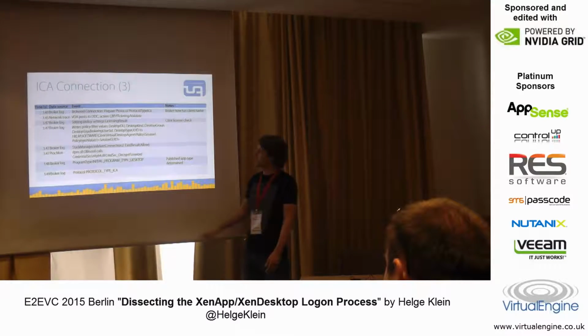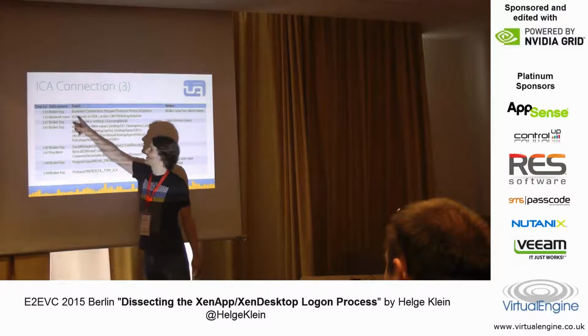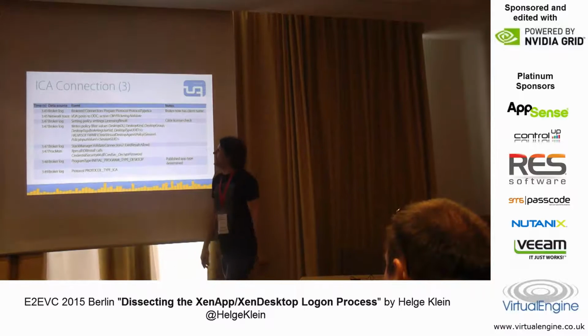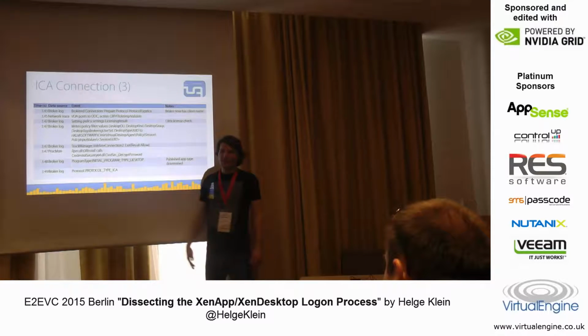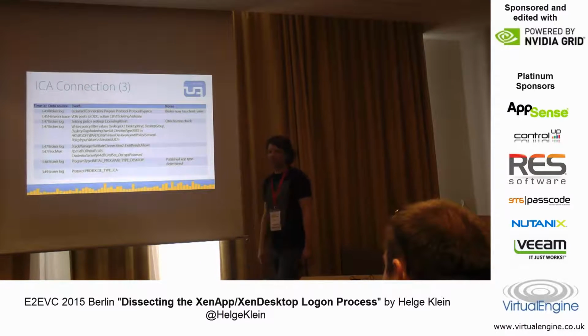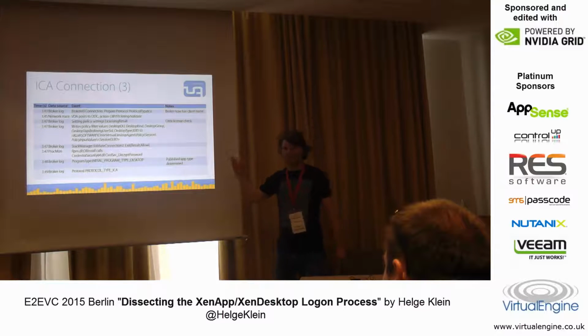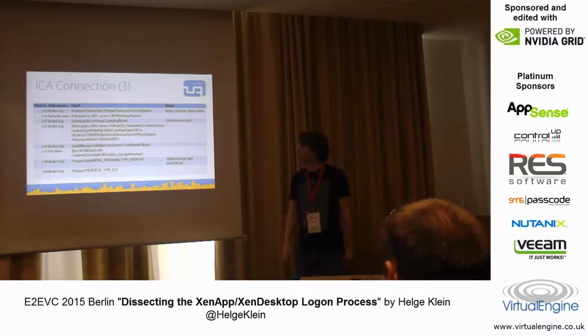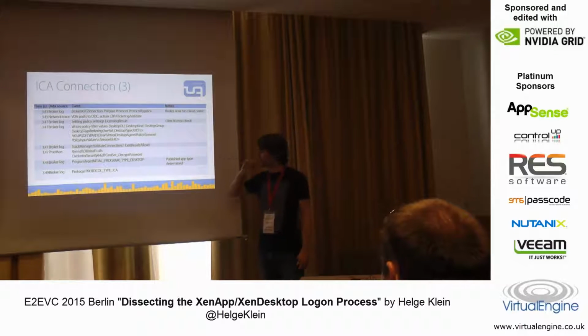It does that by talking, but in this case the other way around, the VDA is now talking to the DDC. It sends a validate message, and if that doesn't work out, then the connection is over pretty quickly. But typically it works, of course.